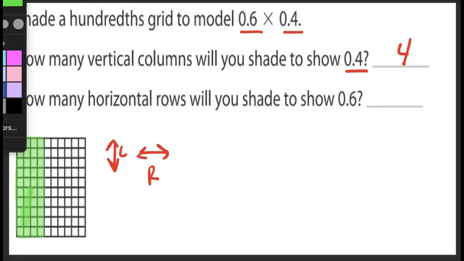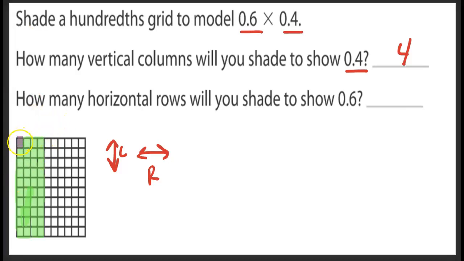Well, we can shade 6/10 like this. 1, 2, 3, 4, 5, 6. Okay, so now I have 6 rows shaded.